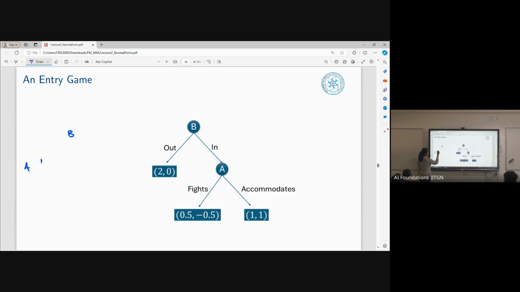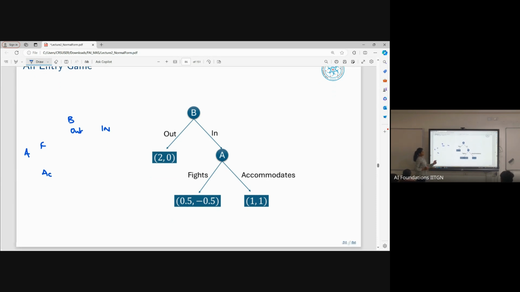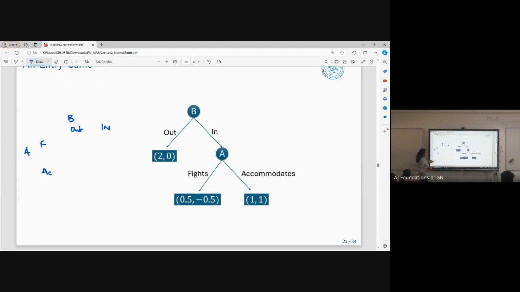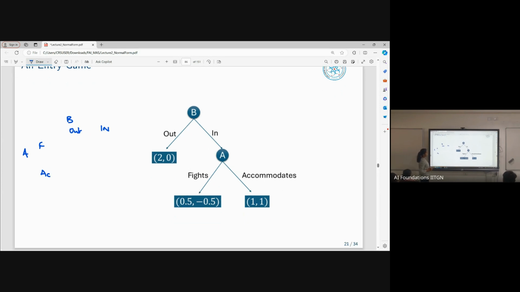A has 2 strategies, fight and accommodate, and B has 2, in and out. Now, if A fights and B is out, what would be the utility for A? And what will be the utility for B? If A accommodates and B is out, in this case I think we can just copy the one below.